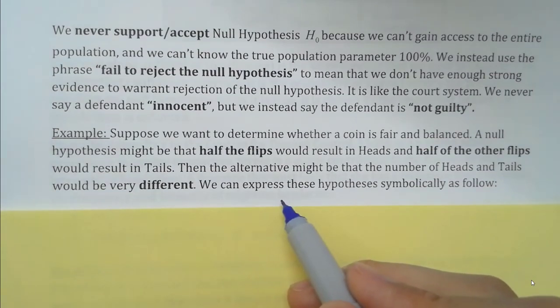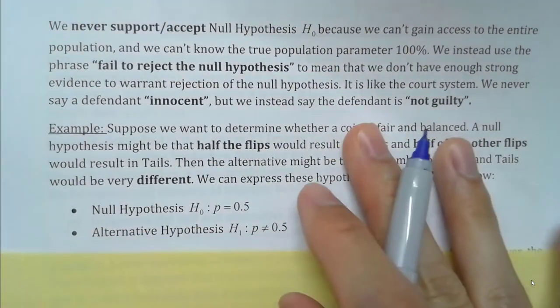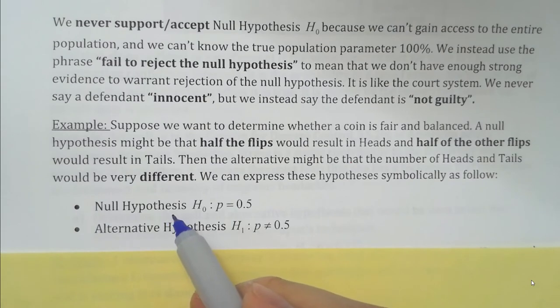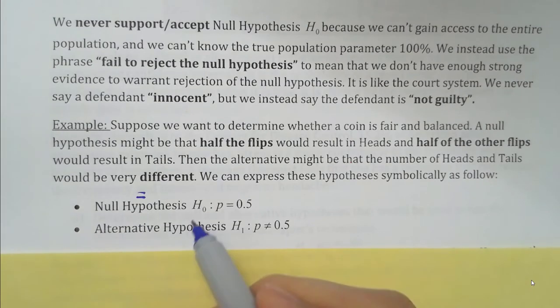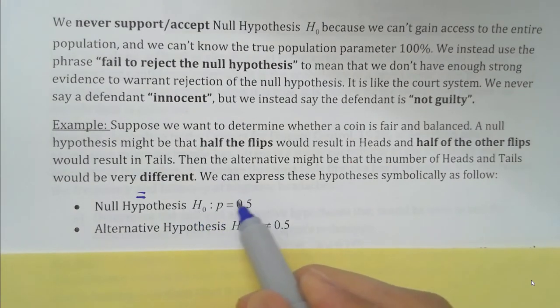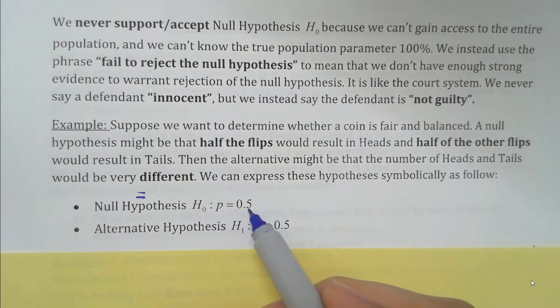So we can express these hypotheses using the symbols, the notation that we discussed earlier. The null hypothesis, remember, always has the equal sign involved. So H naught: the proportion is equal to 50%. That means under normal circumstances, half of the flips would be heads and half would be tails for a balanced and fair coin, and therefore the proportion should equal 50% or 0.5.